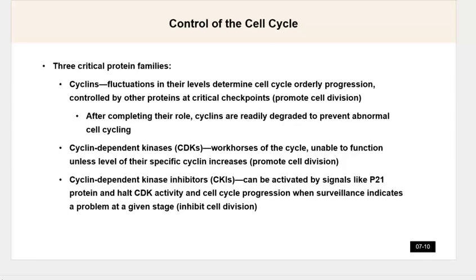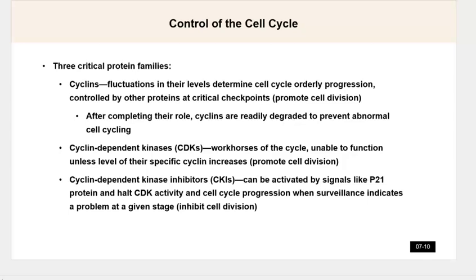So how do we control the cell cycle? What are the factors that are going to prevent cells from entering or exiting both appropriately and inappropriately, right? So this is where we come with the cyclin-dependent kinases and the cyclin-dependent kinase inhibitors. So these are the CDKs.